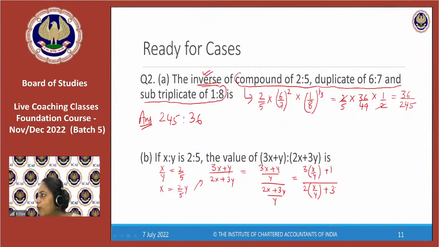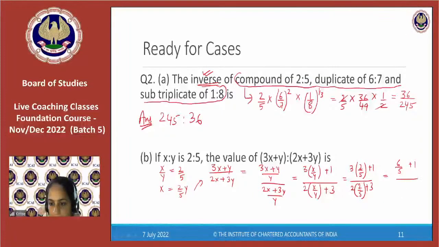Though I've got all the answers. You're right. So what we would be doing is 3 multiplies 2 by 5 plus 1, upon 2 multiplies 2 by 5 plus 3. So just solve this. It becomes 6 by 5 plus 1 upon 4 by 5 plus 3. You may take LCM and then solve.